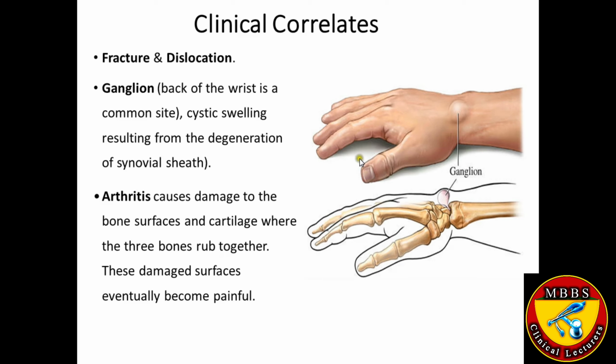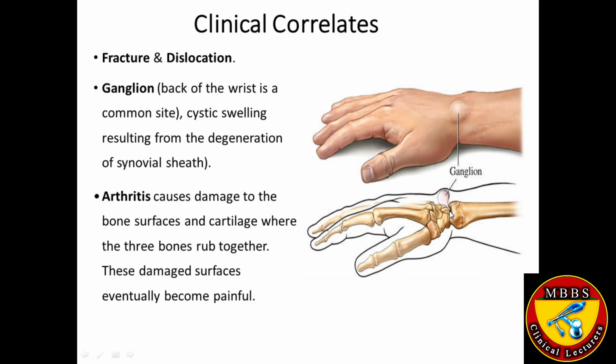Clinical correlations. Fracture and dislocation may occur at the wrist joint. And the most common thing which we can observe is the ganglion. Ganglion is nothing but a small cystic swelling. Now, what is the cystic swelling? It is the synovial sheath which is present on the wrist joint around the tendon.